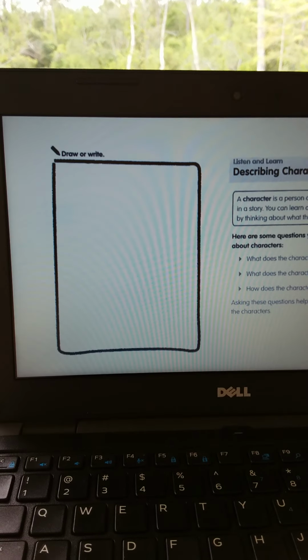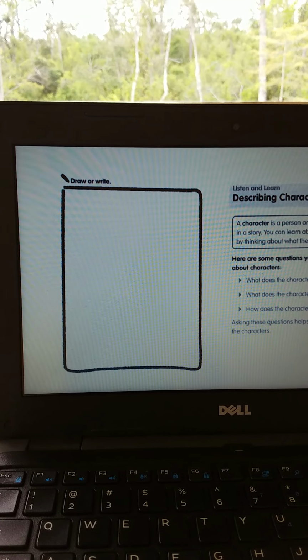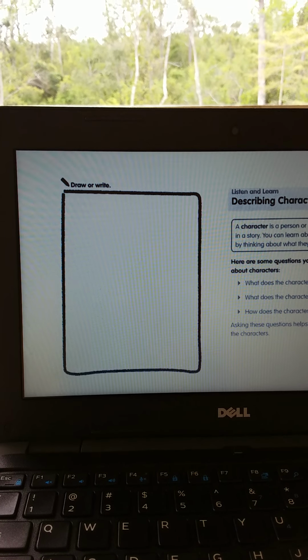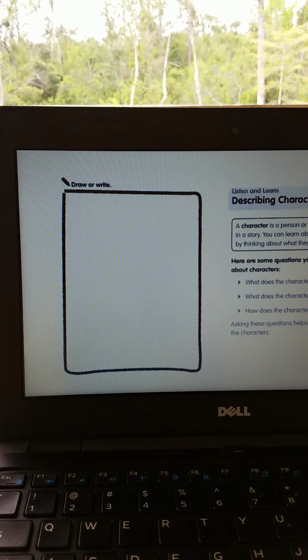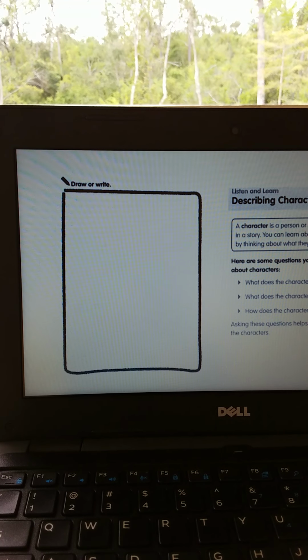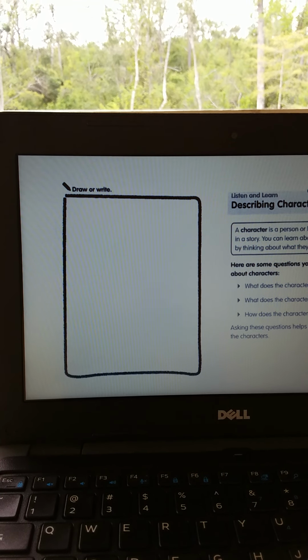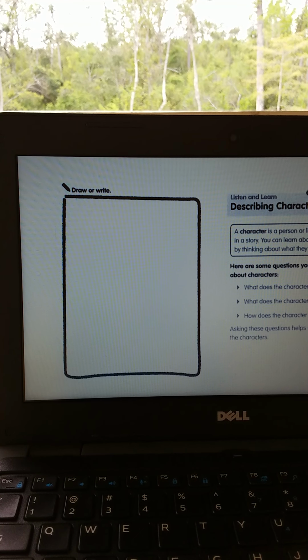Okay, now on this story, you don't specifically have questions to answer, but they do want you to draw a part from the story, maybe your favorite, and then you could write a key detail from the story.